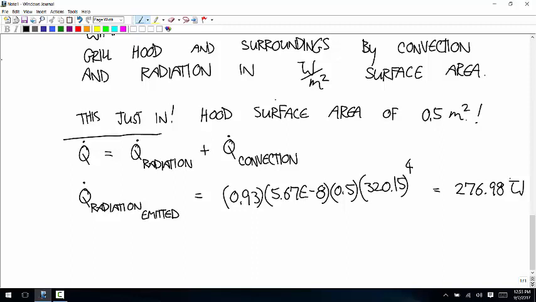You said that the model for a smaller body radiating in a much larger surrounding area was the temperature of the body to the fourth minus the temperature of the surrounding area. Why does it not count in this case? Actually, my thinking is that there's no body outside of it radiating, but there's the sun out there radiating.